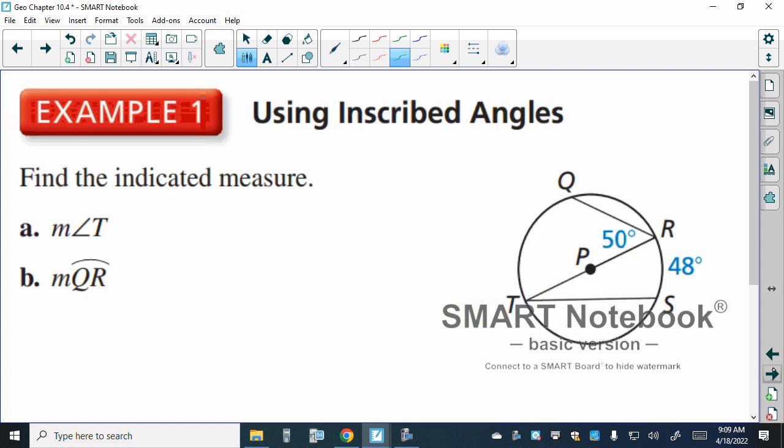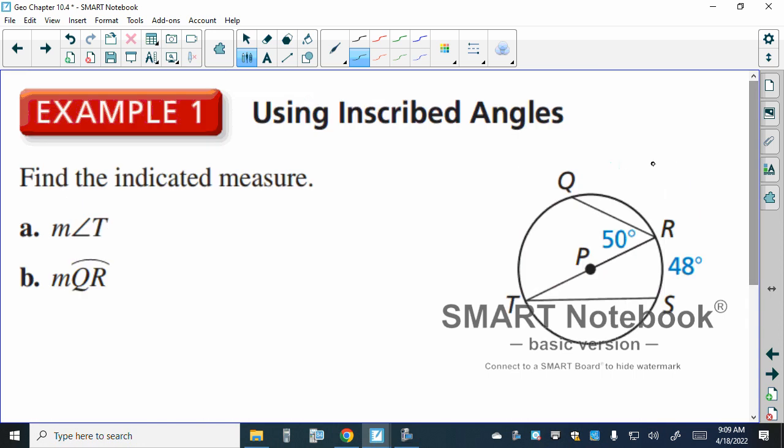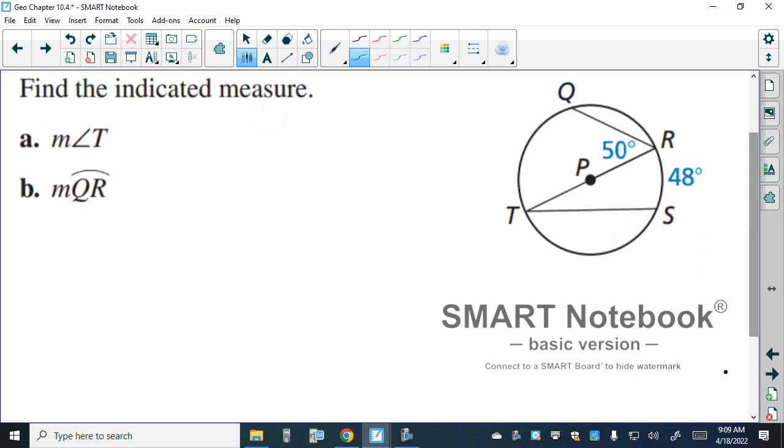Now if we look at the first example of this here, we're given this example. Go back one. The first thing we're asked is the measure of angle T, this angle here. Well, the arc that composes it is what measure? 48 degrees.